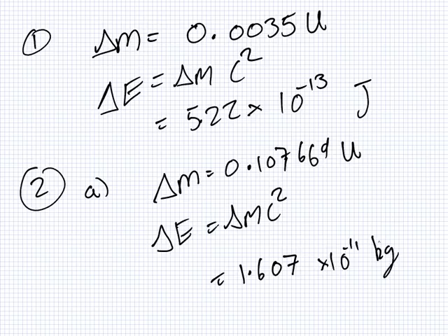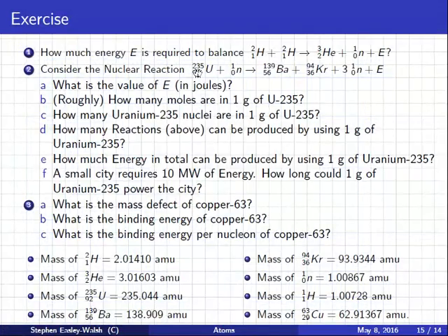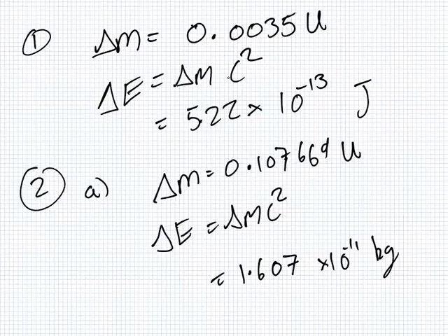Yeah? So what I did was, I add these masses together, 235 plus this one, and then I add these masses together, and these 3 are smaller than these two. Okay. That's how much smaller.